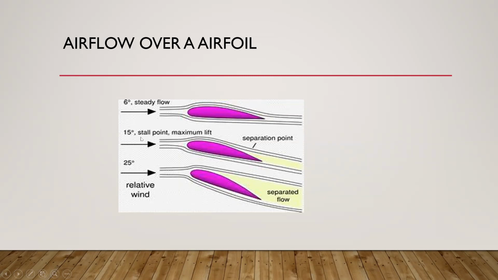At 15 degrees, it is the angle of attack where the maximum CL value occurs, and we can see some separated flow over the airfoil at the trailing edge. At 25 degrees, we can observe the airfoil getting stalled. It is a stalled angle.